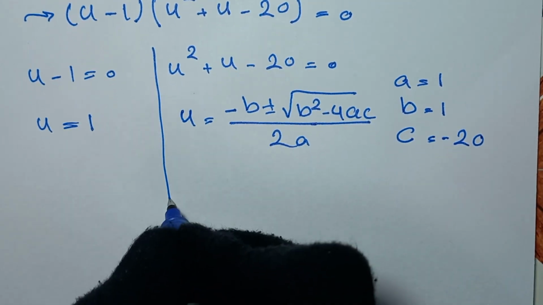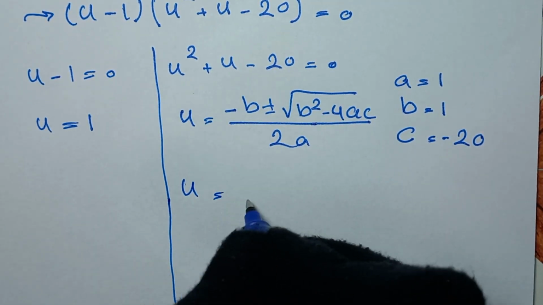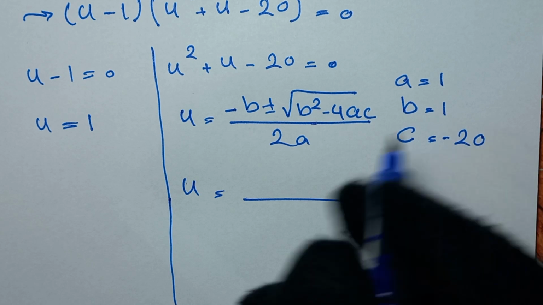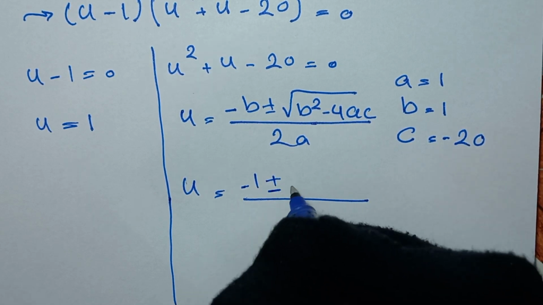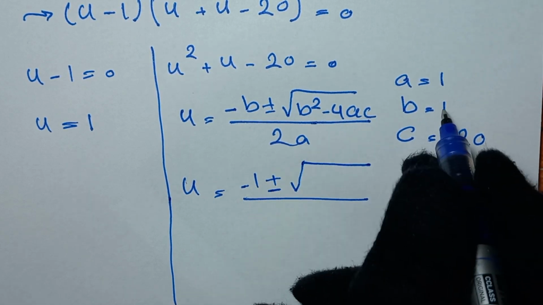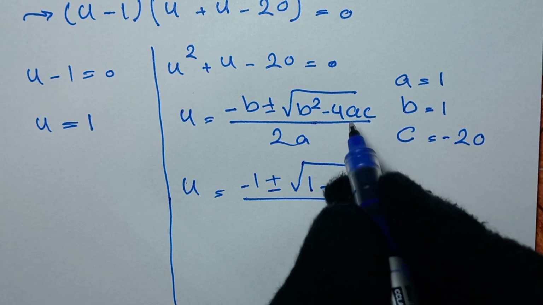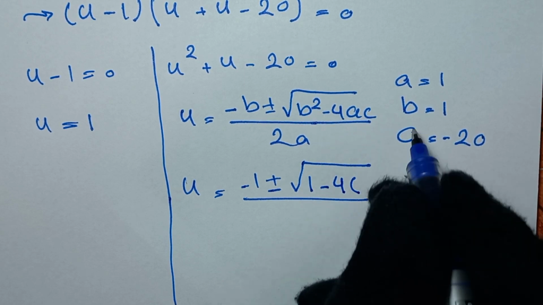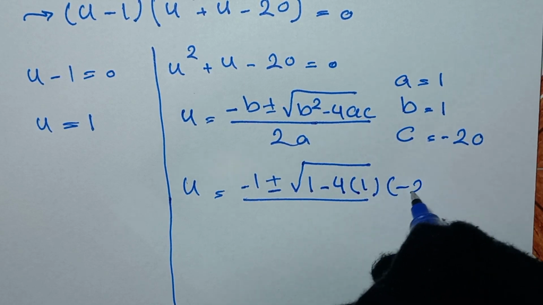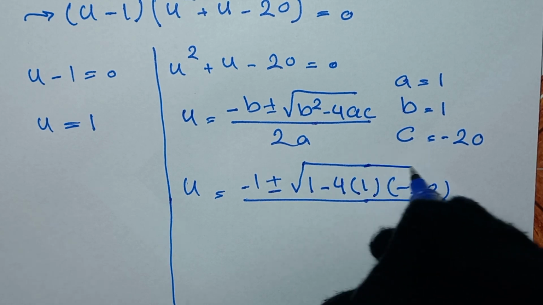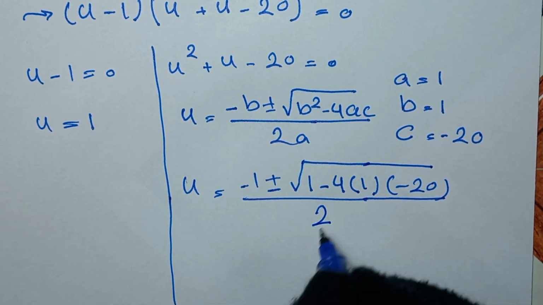And it will be u is equal to negative b, negative 1, plus or minus the square root of b squared, 1 squared is 1, minus 4ac, 4 times a is 1, and c is negative 20, over 2a, 2a is 2.